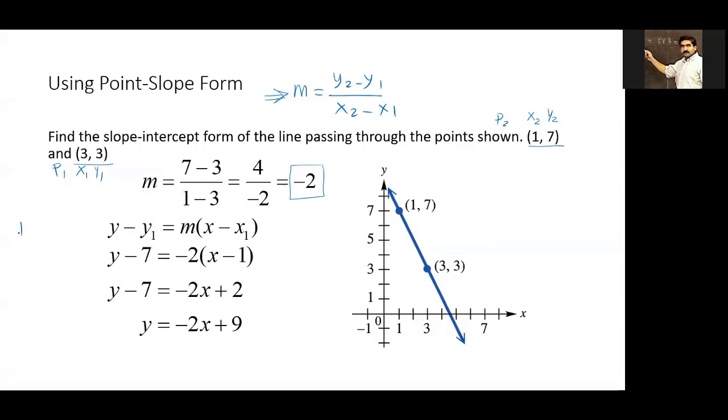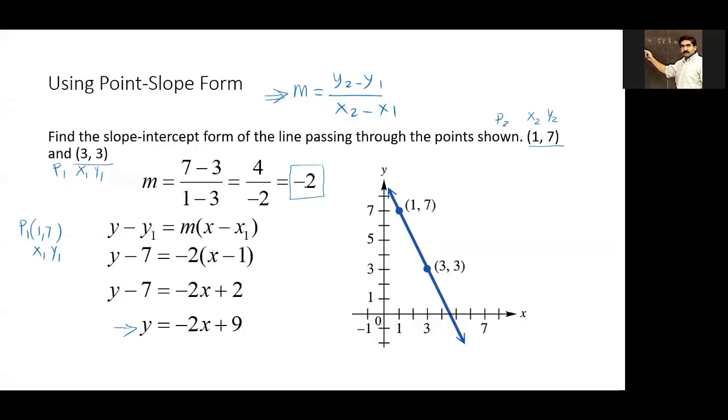If I assume point 1 is 1 and 7, so this time this would be x1, this would be y1. Everywhere I see x1, I'm going to substitute 1. Everywhere I see y1, I'm going to substitute 7. And then I can solve for y to write the answer in slope-intercept form.